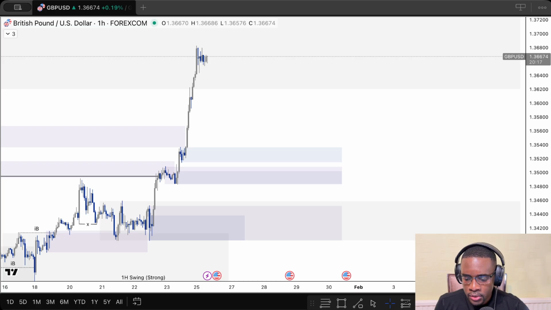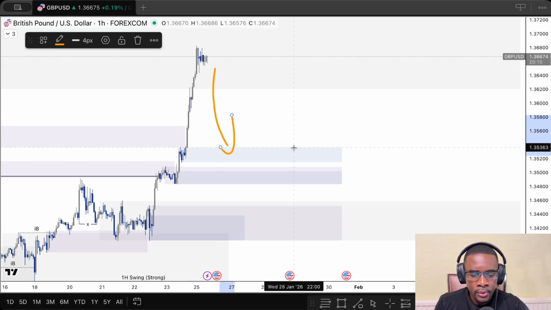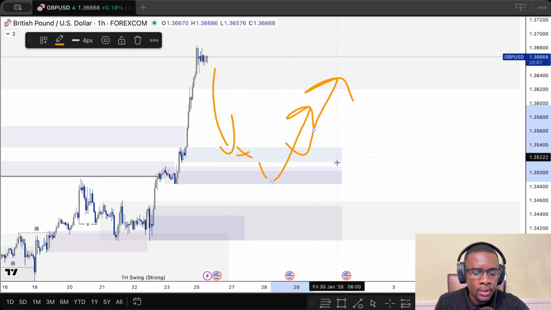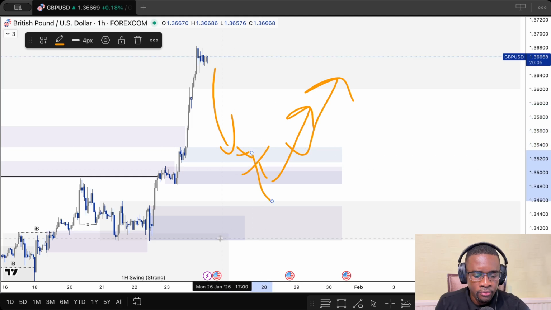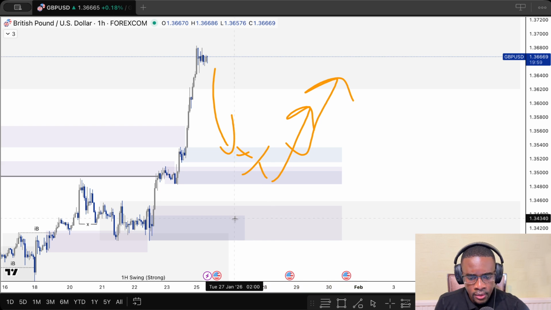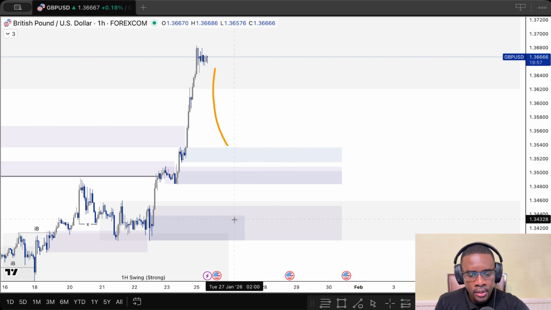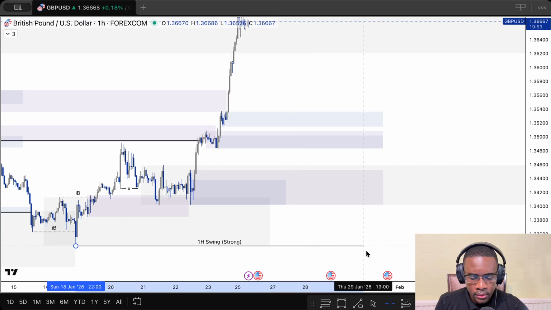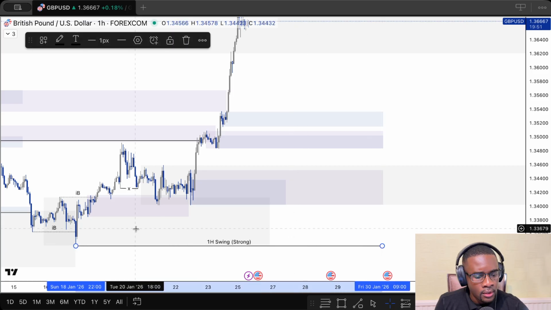So these are the two areas that we're looking at. We have this POI, and then we're looking to have a rebound from there. If this one fails, then we expect this one to hold. Otherwise, if both of them fail, then we're simply waiting at the extreme. I think this is the unmitigated extreme that we have, and this is our swing low.